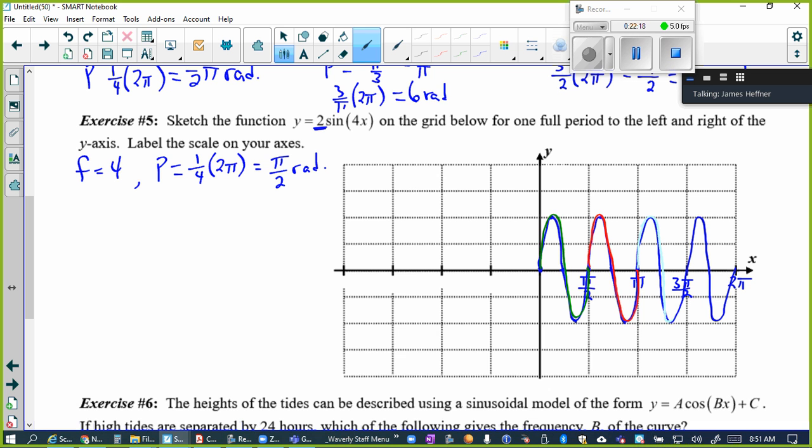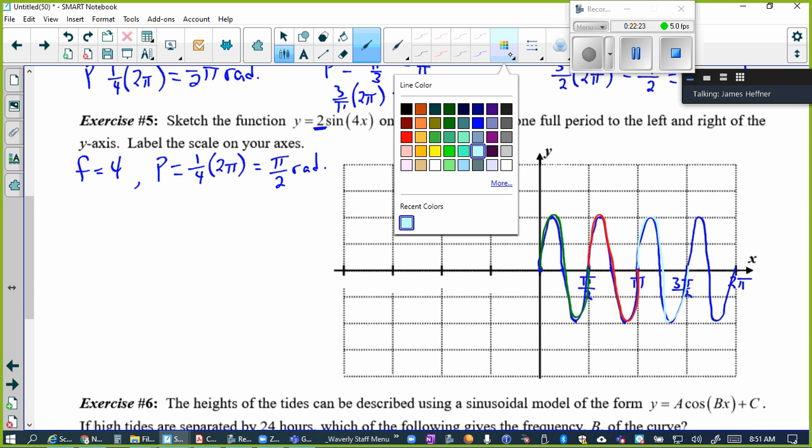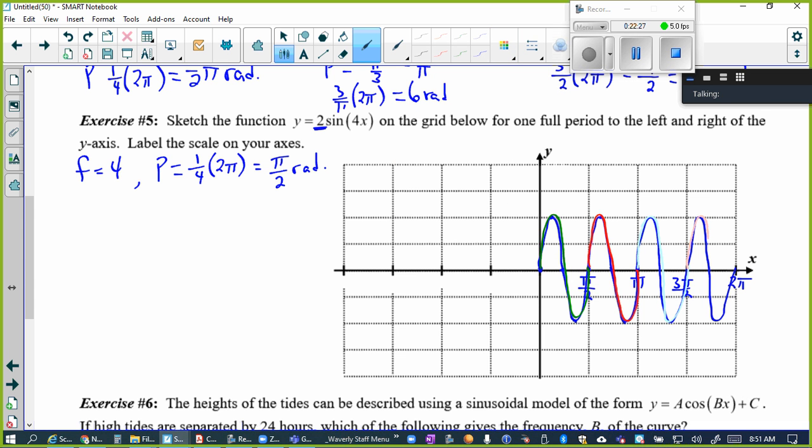I don't know if you can see that. Not too well, huh? And then we're going to have another cycle. I'll use pink, I guess. So do you see we have 4 cycles happening in 2 pi? That means the frequency has been multiplied by 4. Frequency is how often does something happen, right? 4 times. Does anybody have any questions on this?